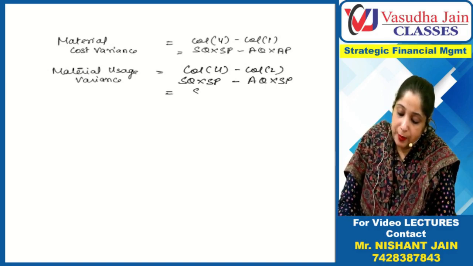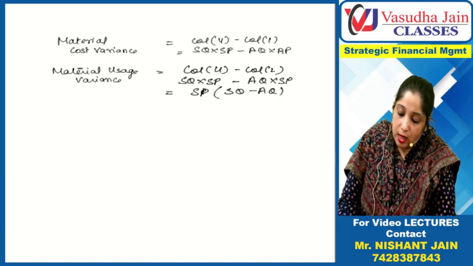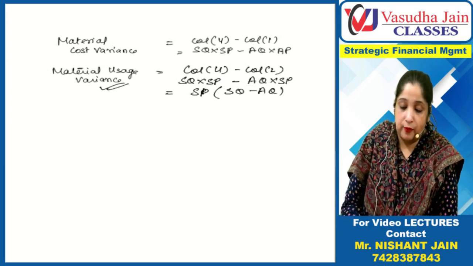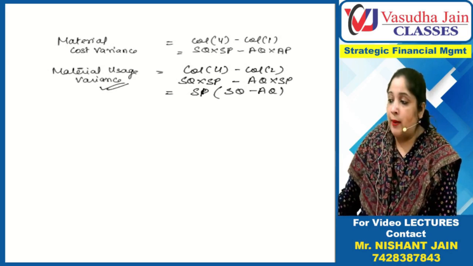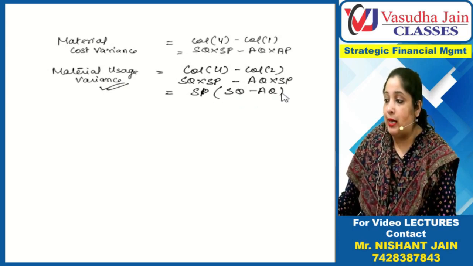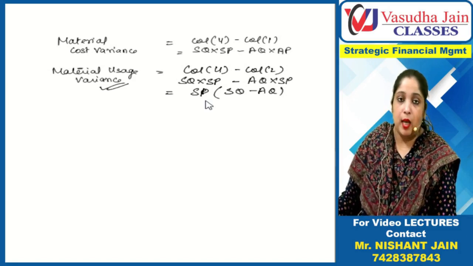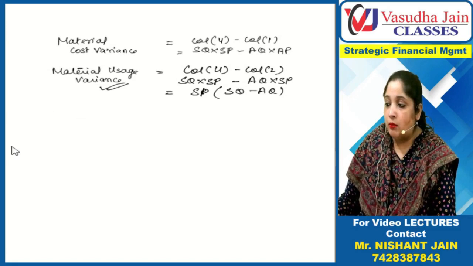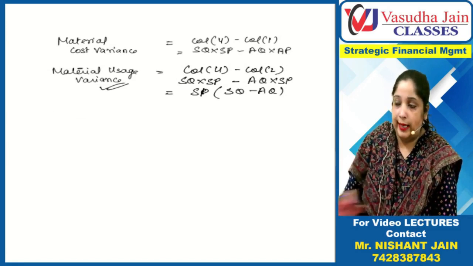Now if we take SP common, what is left? SQ minus AQ. Now at interlevel, some faculties justify this formula like this: in material usage variance, what material should have been used and what material is used is a difference and price remains the same. Okay, so simple understanding. That can also be done, but we do it in detail.